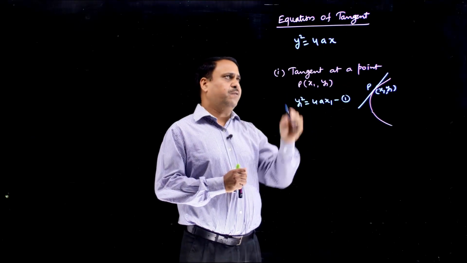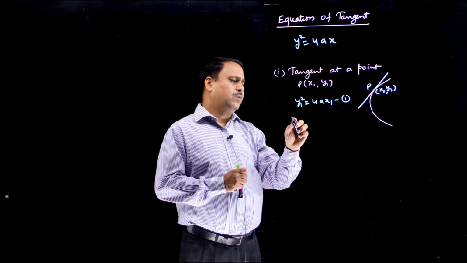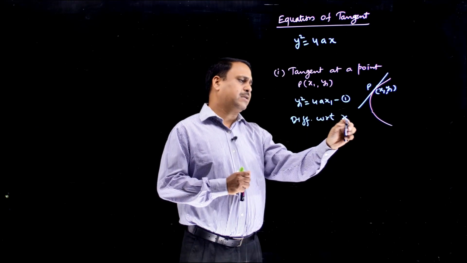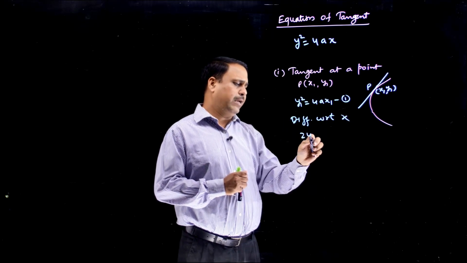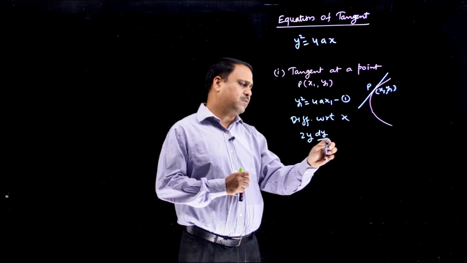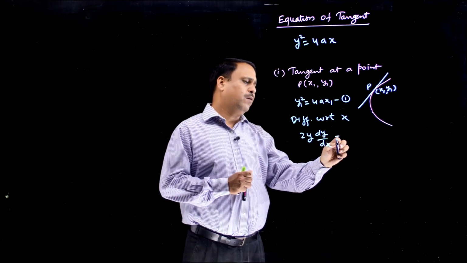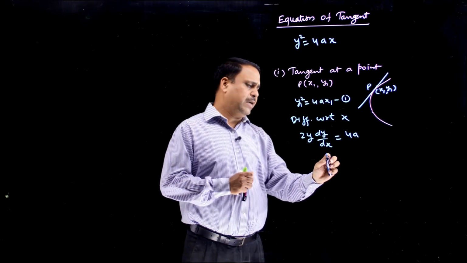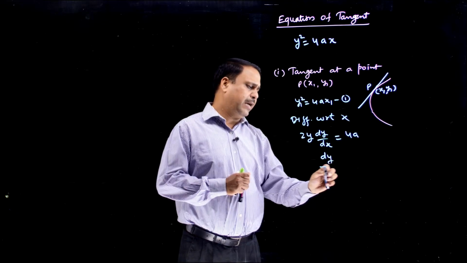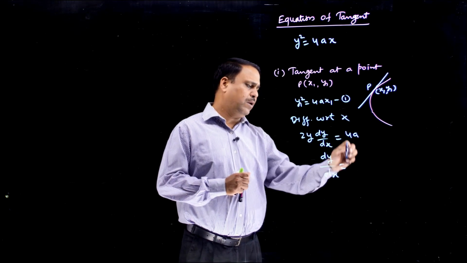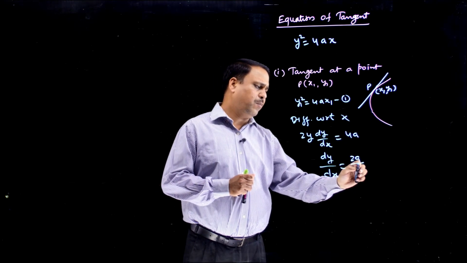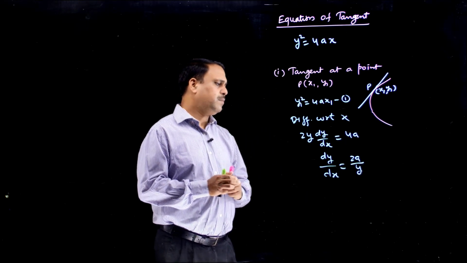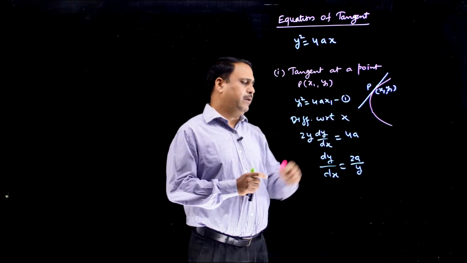The derivative of y square is 2y, and the derivative of y is dy/dx by chain rule, equal to 4a. The derivative of x is 1. So from here we will get dy/dx equal to 2a upon y, the 2 will cancel.